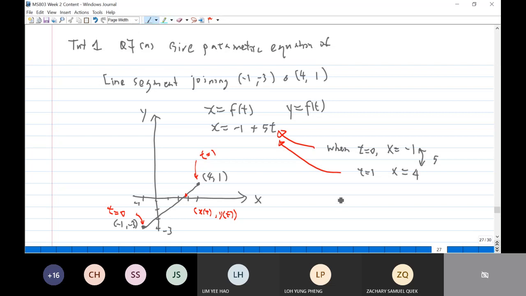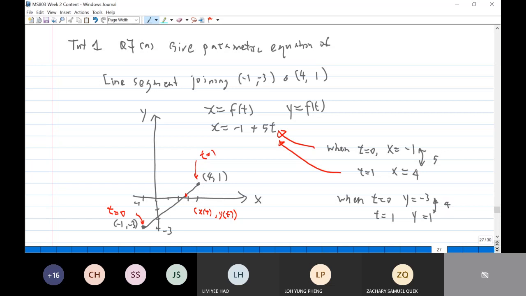This is how we work with it. Okay, when t equals 0, your y is equal to -3. When t equals 1, your y is 1, right? So the difference between -3 and 1 is 4.